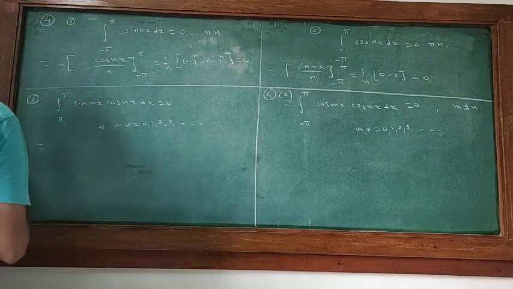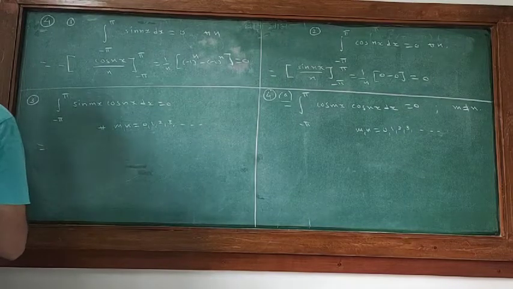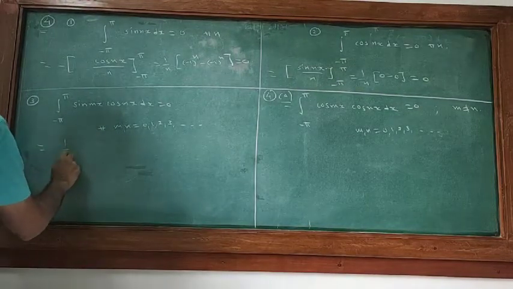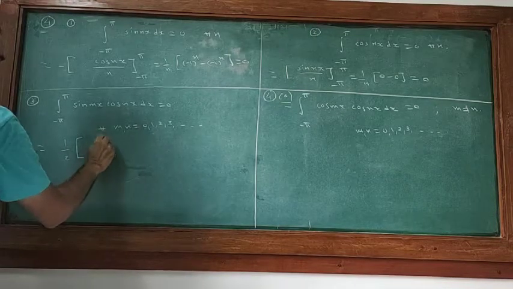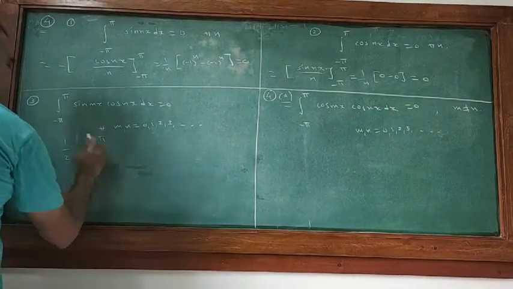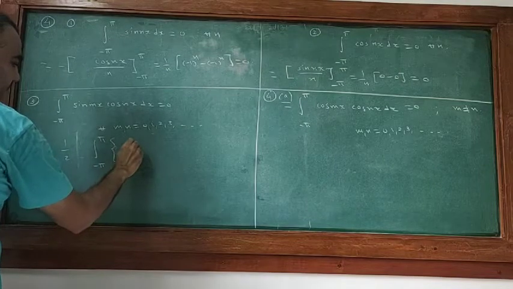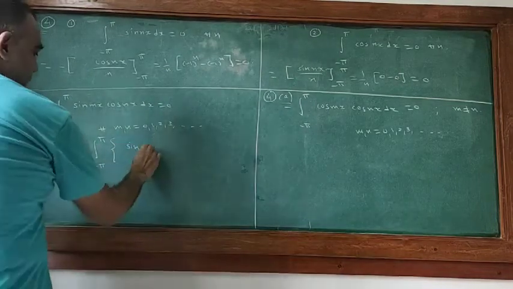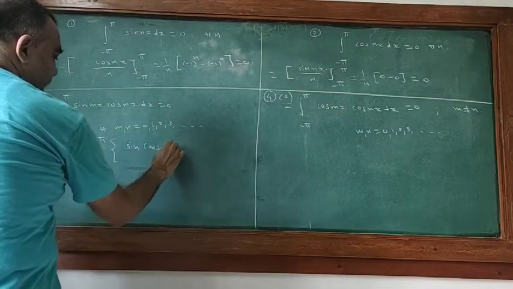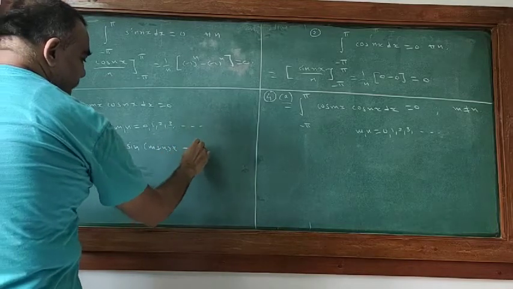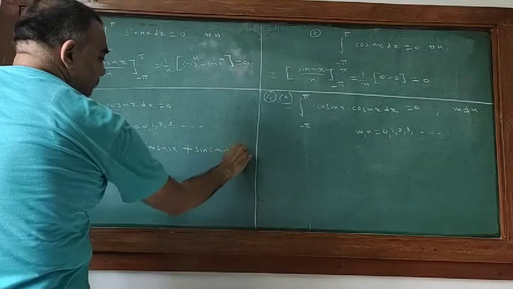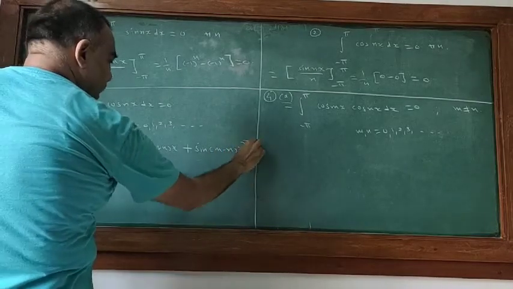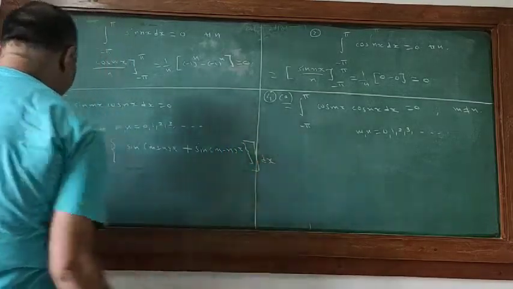This is equal to 1 by 2, from minus pi to plus pi, sine dx.